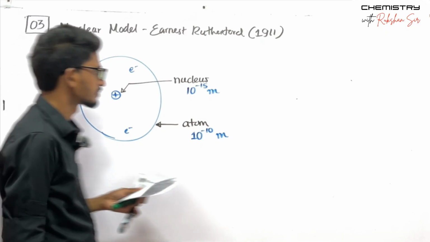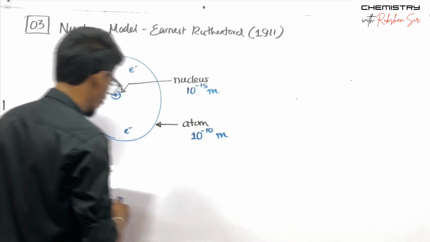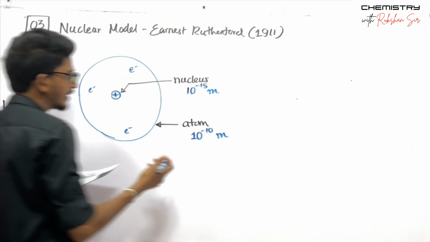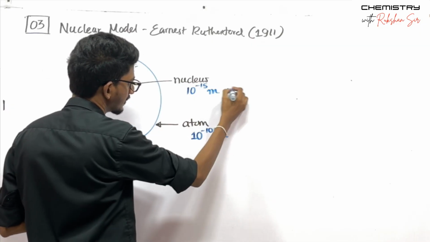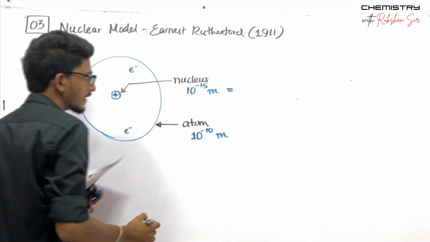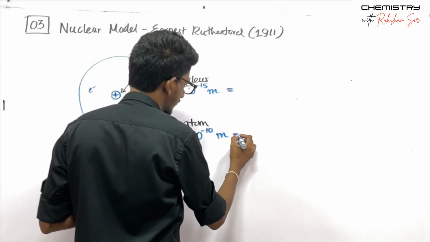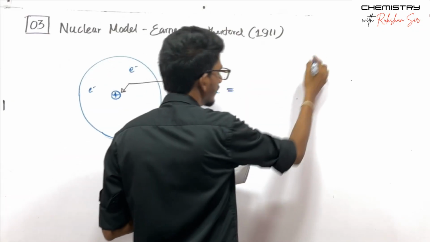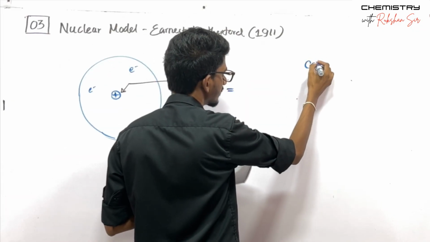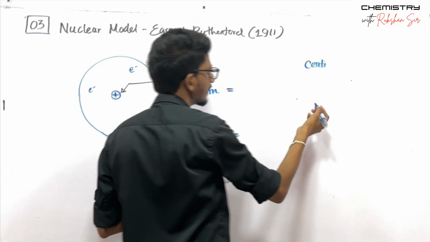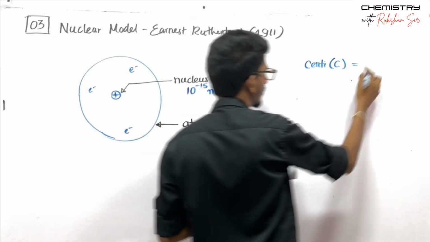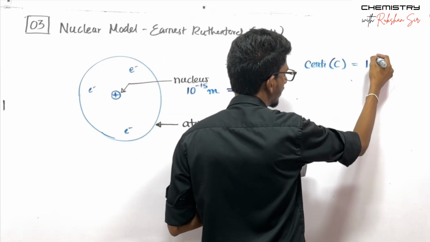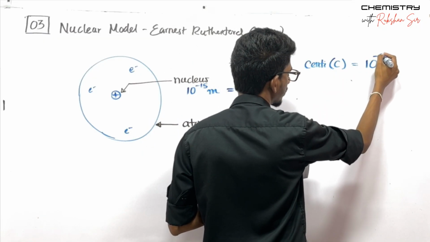If you are thinking of centimeters, centi means 10 to the power minus 2.